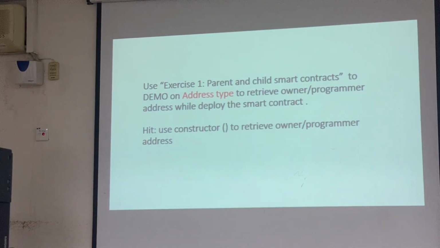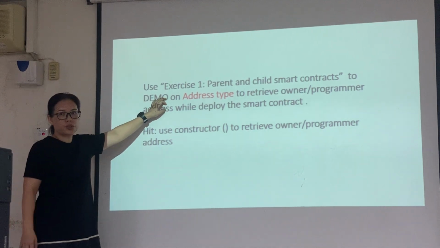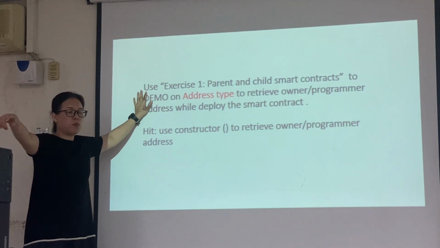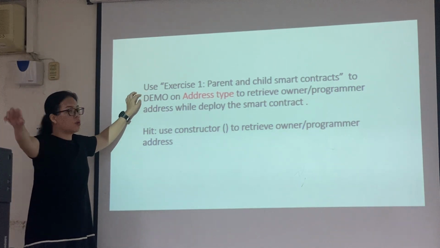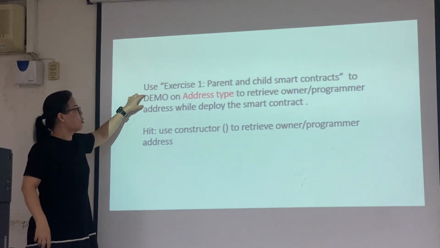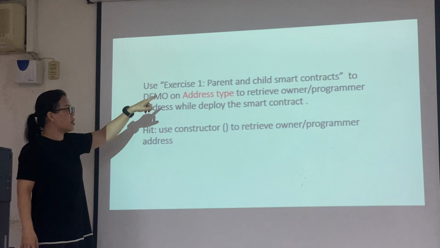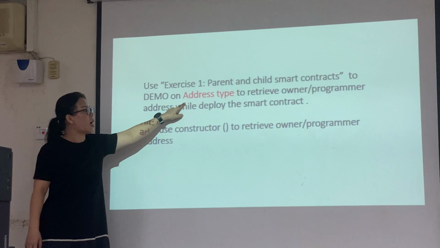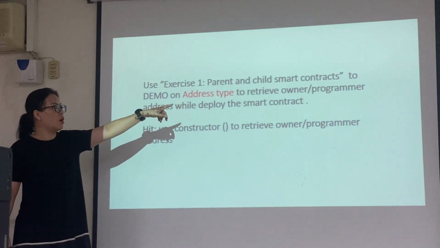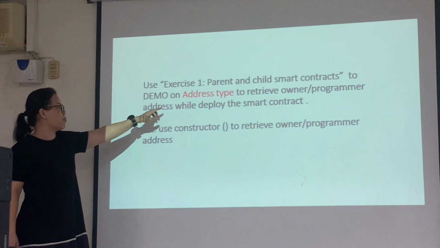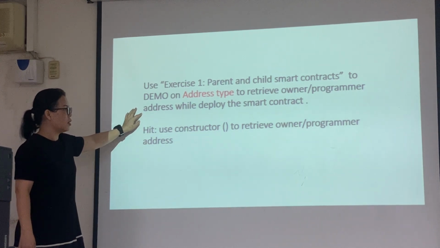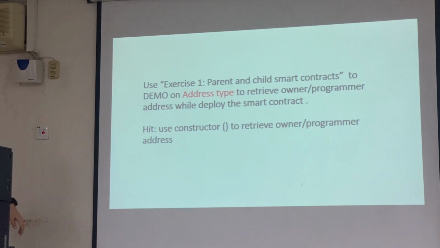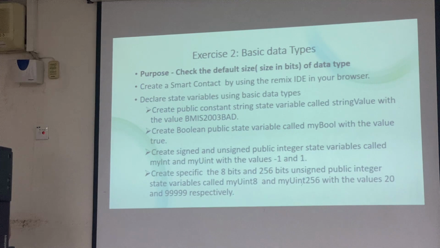So for this, your parent contract address that you have, those who are using your PC, laptop or desktop, please go and download a copy of your code, because we are going to use your parent and child smart contract to demo using the address type to retrieve your owner or programmer address during deployment. Okay, so we need to do it under the constructor. You go and get the file first, then we will go on later.